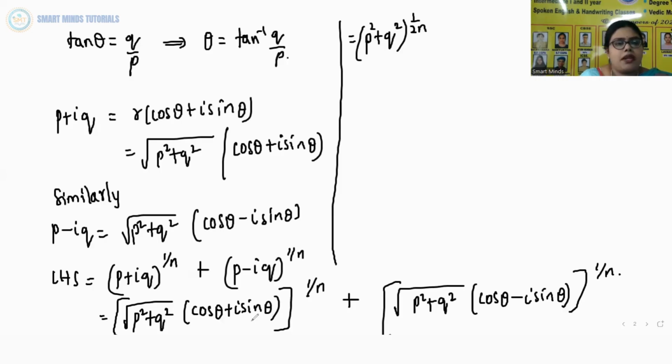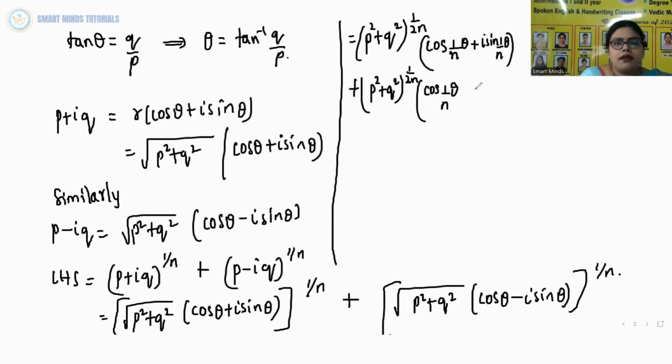For the bracket, taking DeMoivre's theorem, we get cos 1 by n into theta plus i sin 1 by n into theta. Plus, now coming to the second bracket, (p square plus q square) whole power 1 by 2n into cos 1 by n theta minus i sin 1 by n theta.